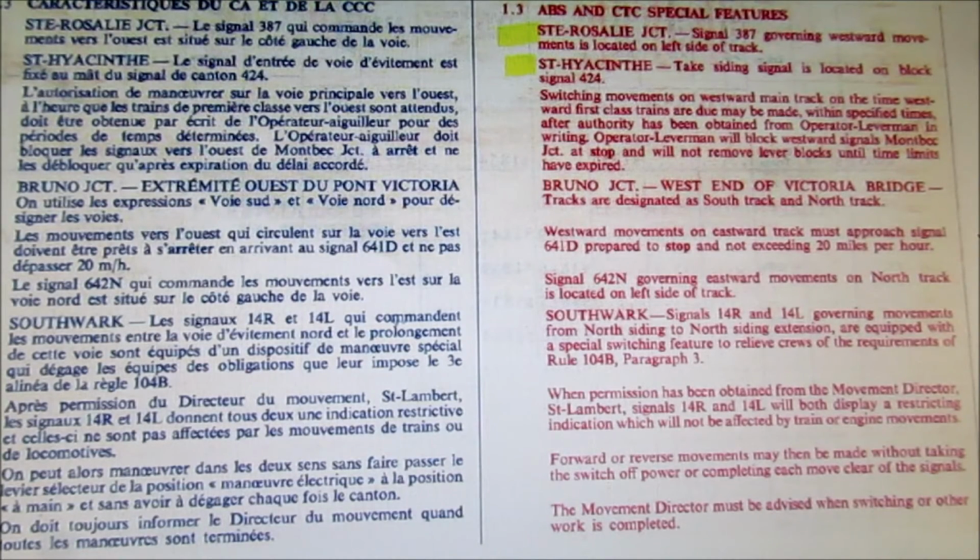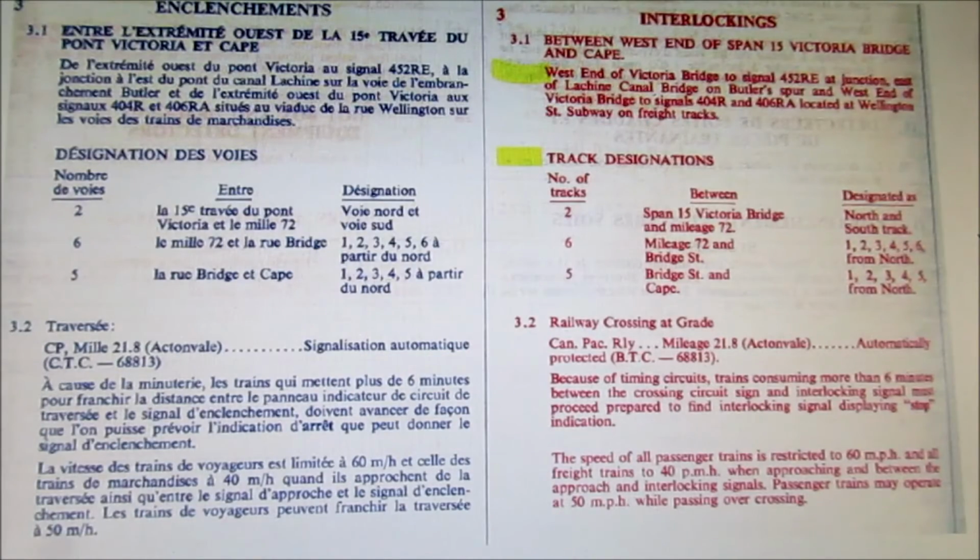clearance point. So we've got Sainte-Rosalie Junction, Saint-Hyacinthe as well. The dispatcher may use his discretion to be as close or not to the actual information. Interlocking, especially important for Victoria Bridge.